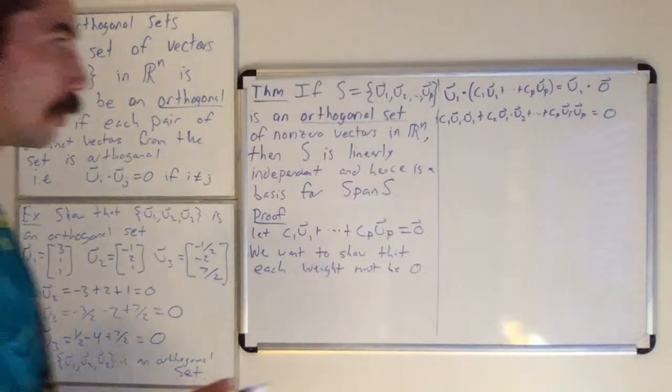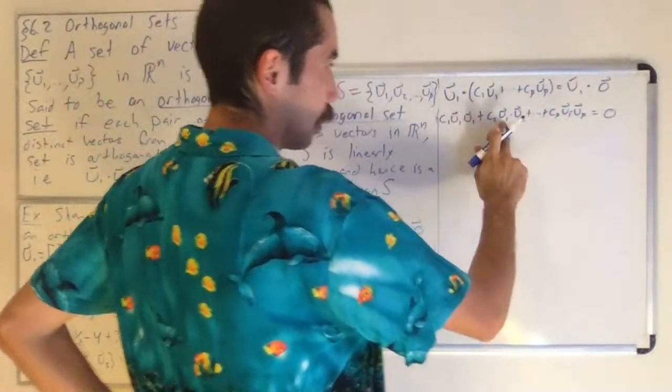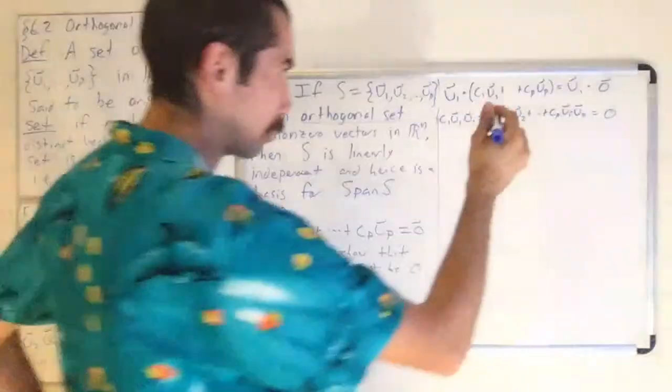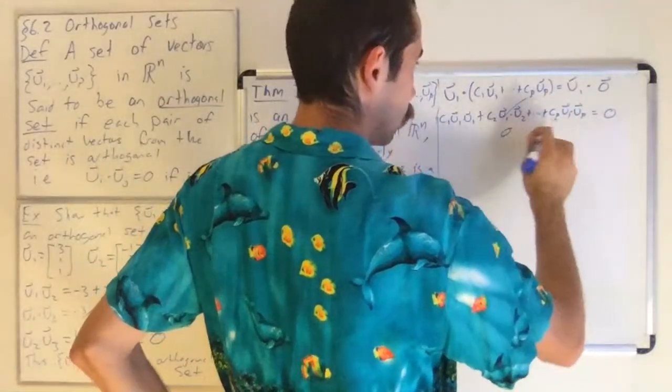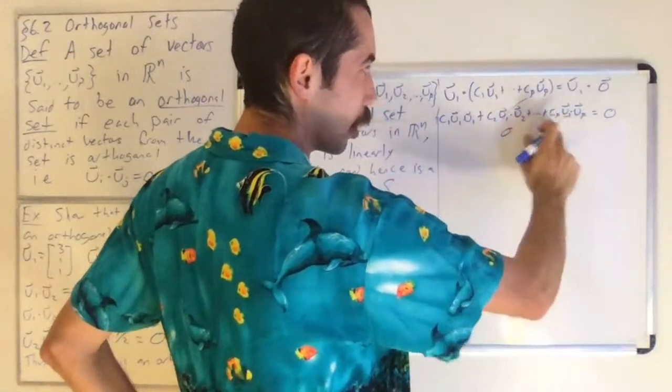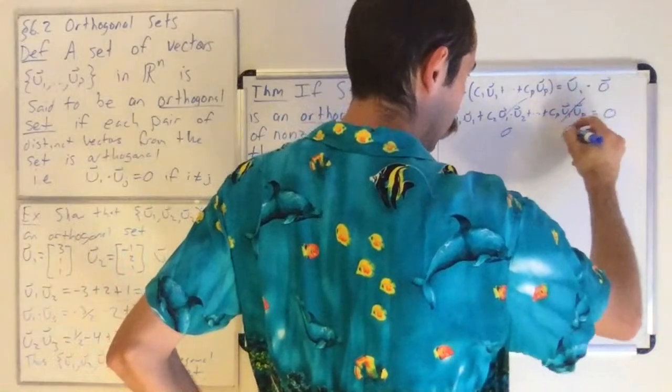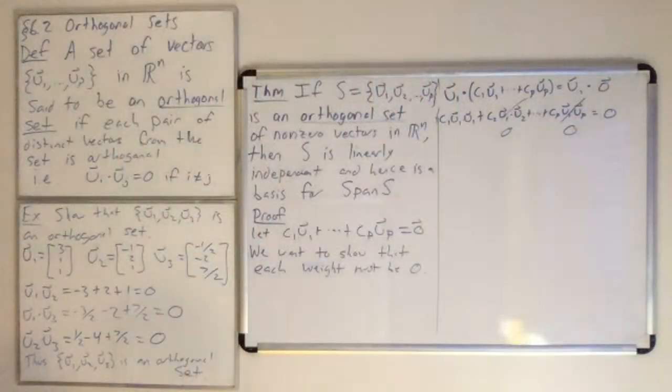Well, u1 dotted with u2, we have an orthogonal set, this is 0. Same with u1 dotted with u3, all the way up to u1 dotted with up, that's also 0.